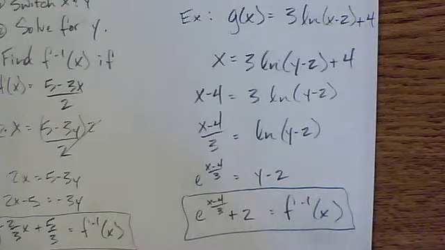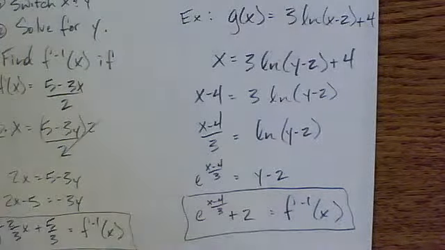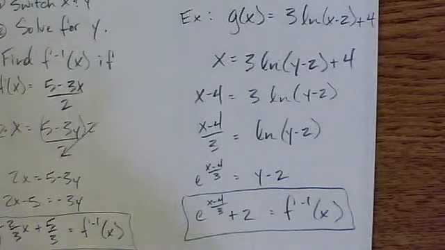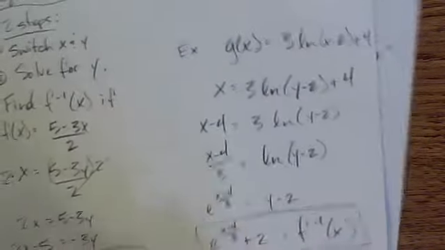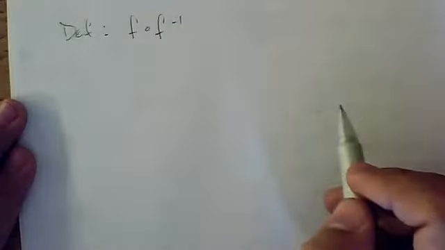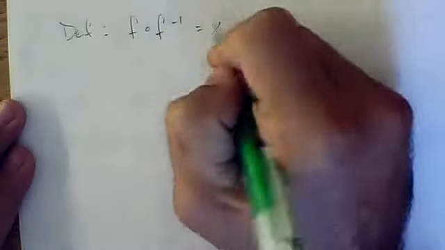Now, sometimes you are given 2 functions and you're asked to verify whether or not those 2 functions are inverses of each other. So first of all, you need to know this rule, the definition of an inverse. If you find f of f inverse, that's going to equal x.